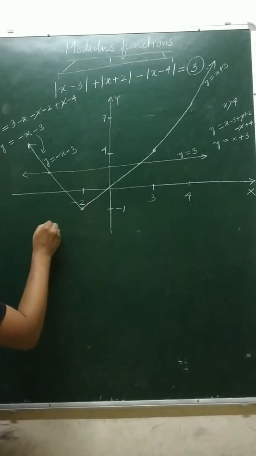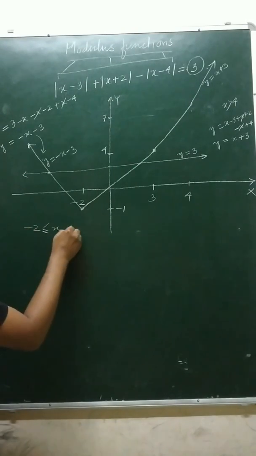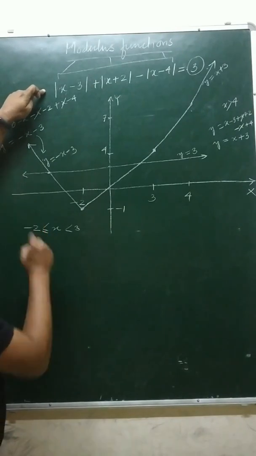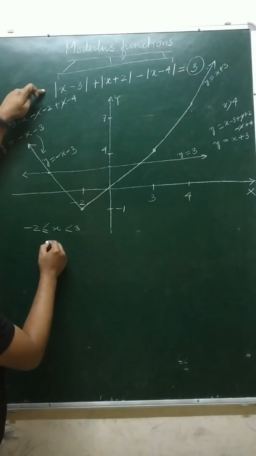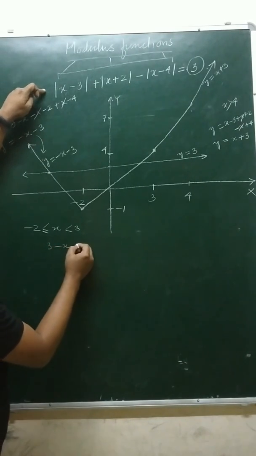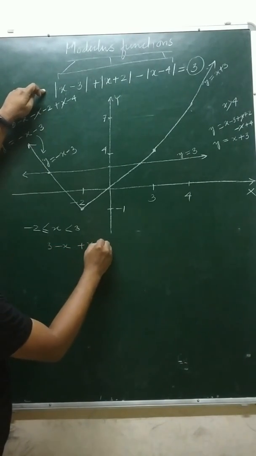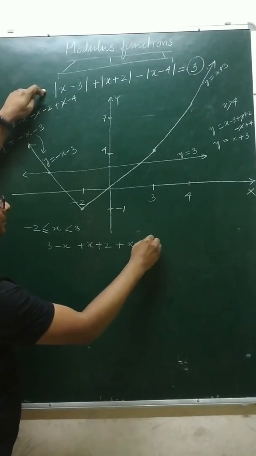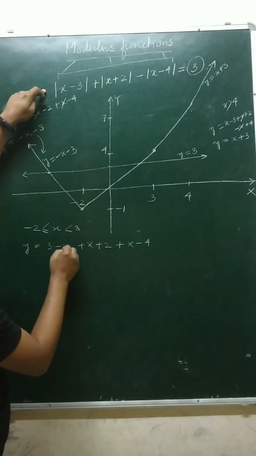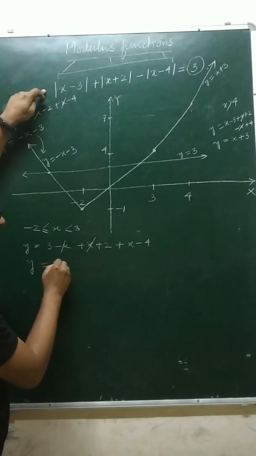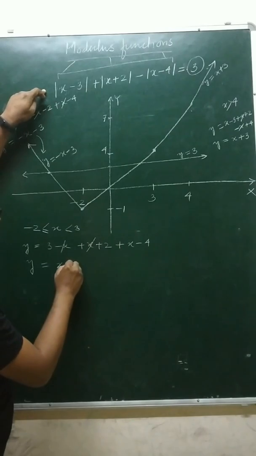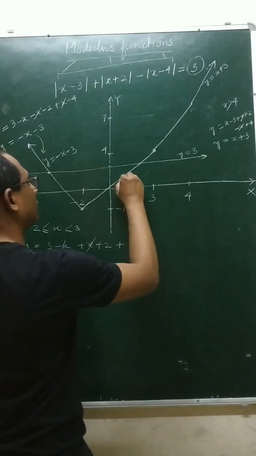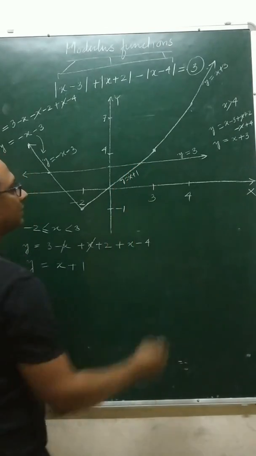When x is greater than or equal to minus 2 and less than 3, the first inequality will open negative, the next one will open positive, the third one will open negative, which is equal to y. So I'll get y equal to x plus 1.